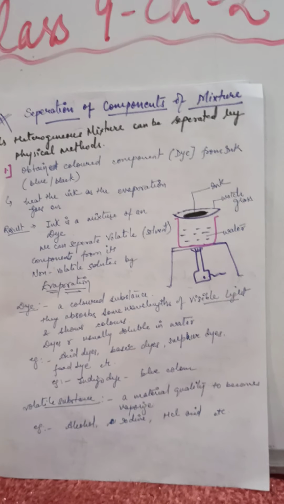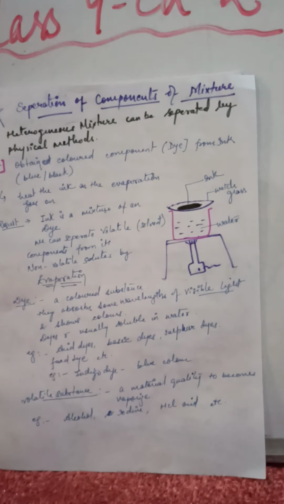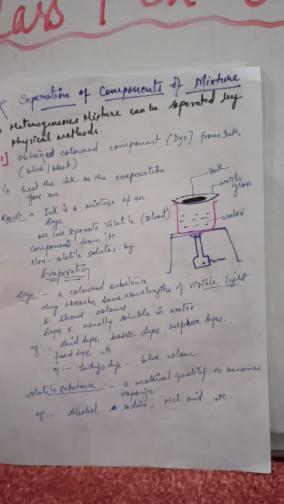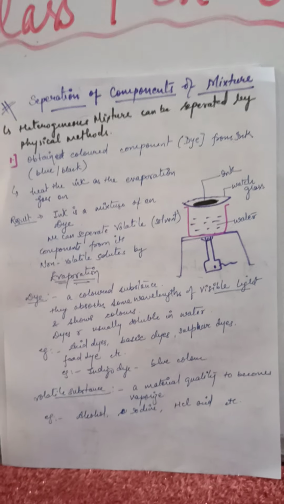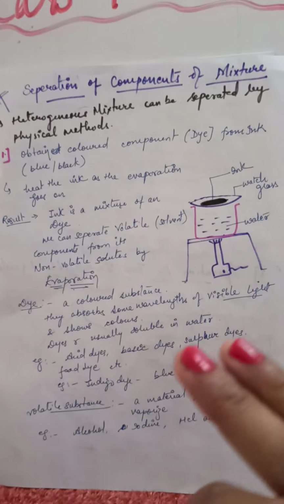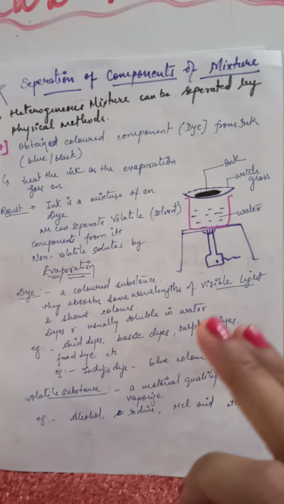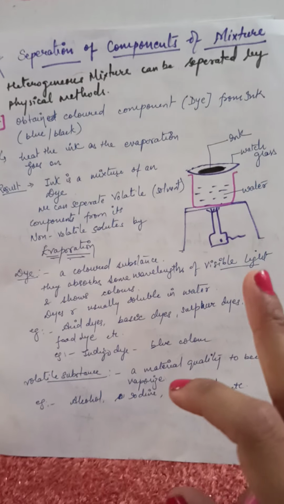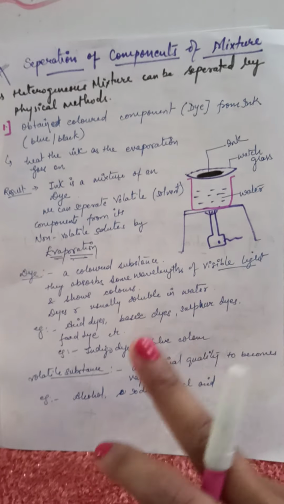The result is that ink is a mixture of a dye. We can separate volatile components, that is the solvent, from non-volatile solutes by the process called evaporation. So here we are observing a simple process, known as evaporation, by giving heat to the mixture, that is ink. Ink is a mixture of dye in water.